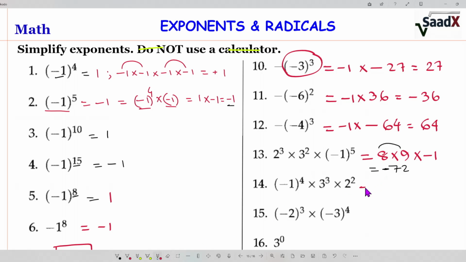Next, minus 1 to the power 4 is plus 1, times 3 cube means 27, times 2 square means 4. So what will be the answer? 4 times 7 is 28, carry 2, 4 times 2 is 8, 8 plus 2 is 10, it means 108.